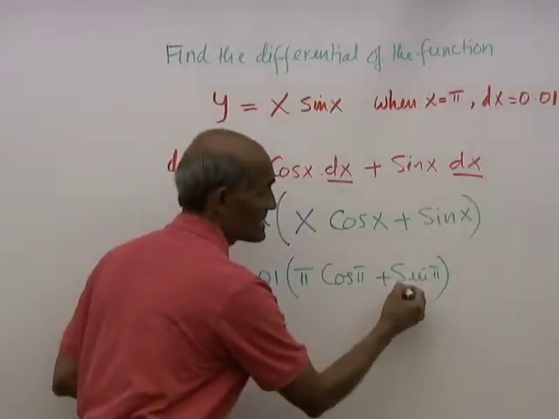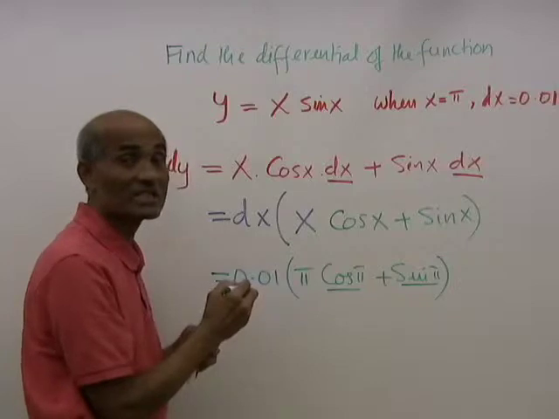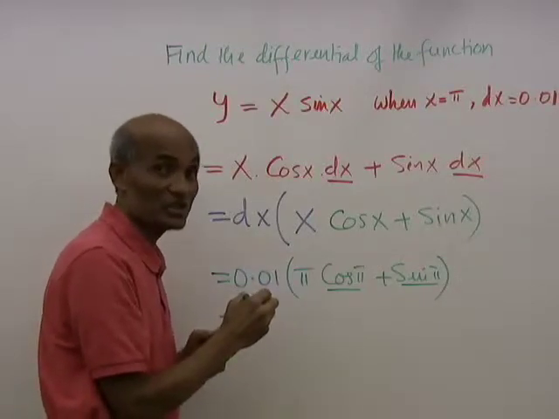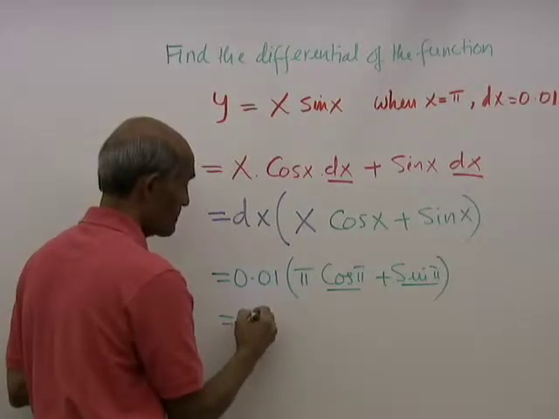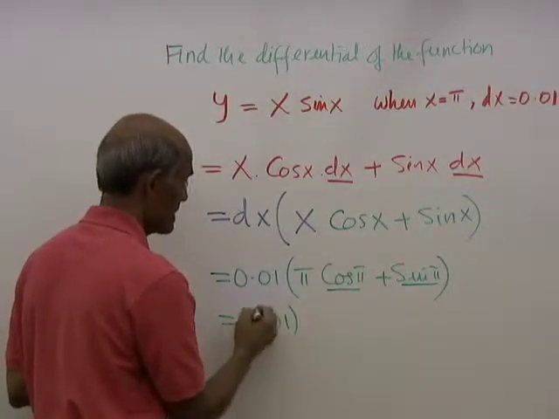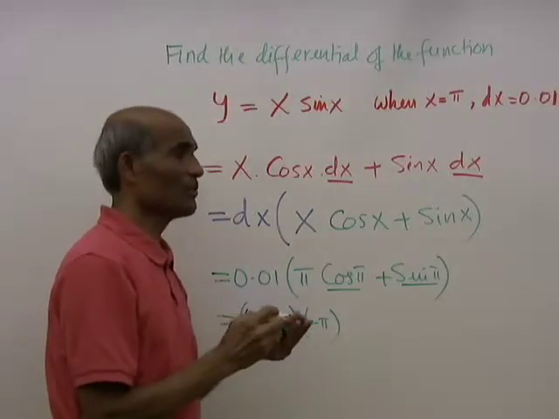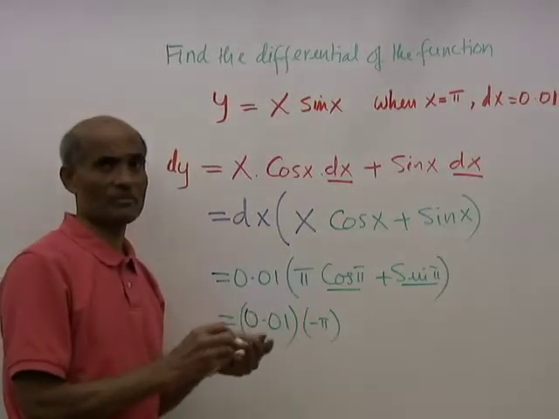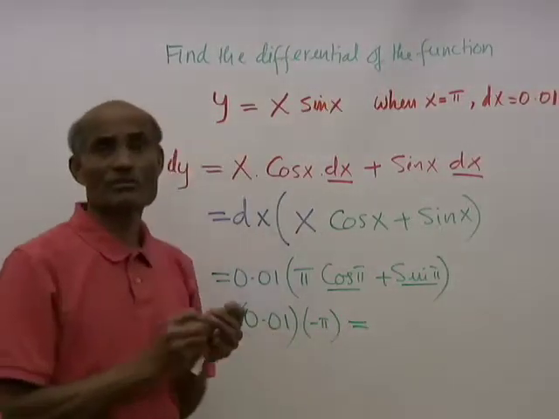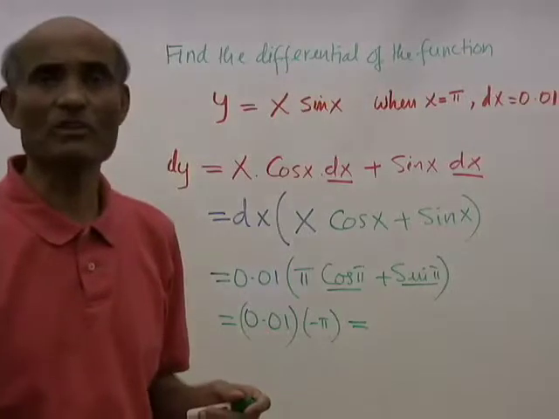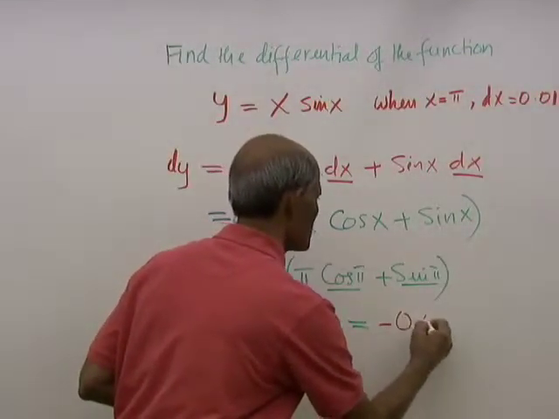Well, you should know that sine pi is 0, cos pi is -1, so this will be negative pi. That will be 0.01 multiplied by negative pi. And what is that equal to? Well, whatever value that gives, that will be a negative value, is that right?